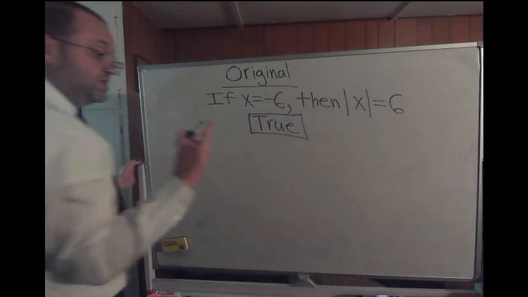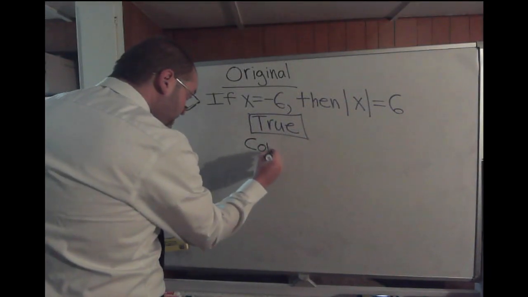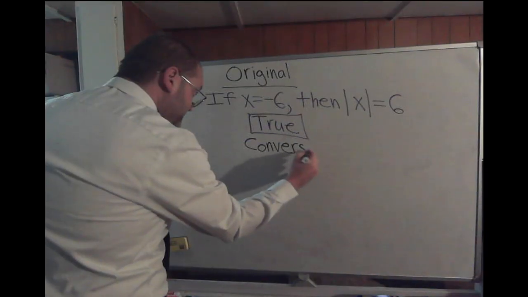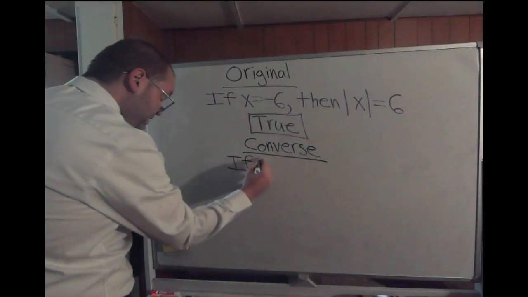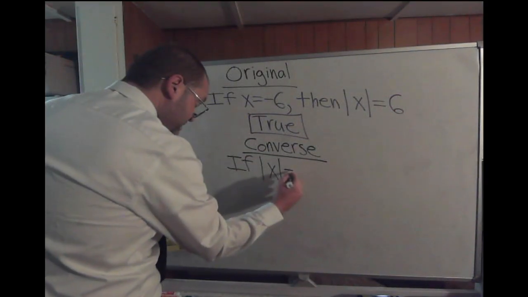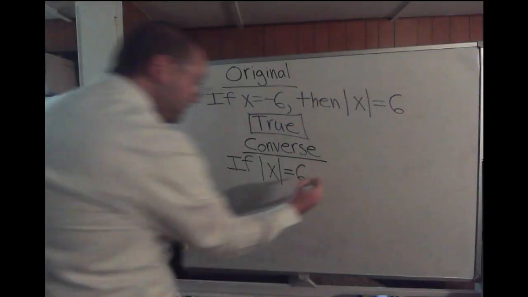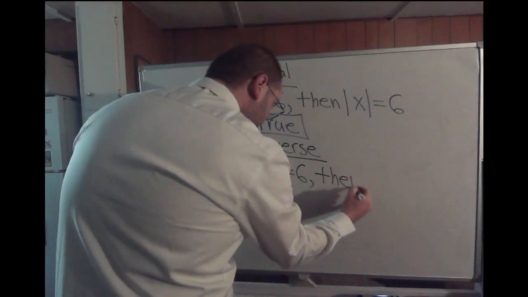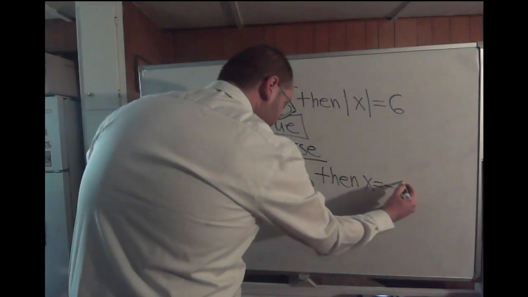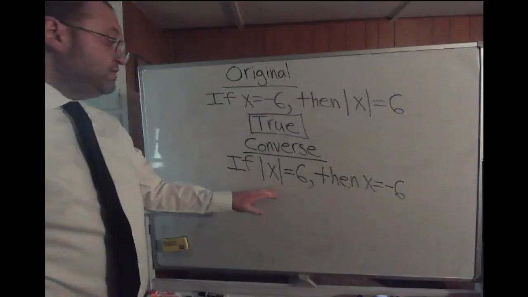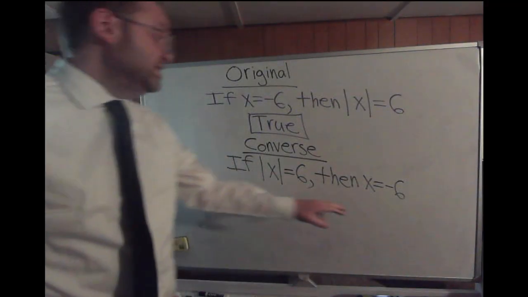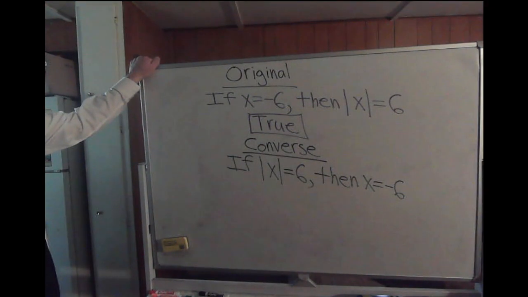Now, what about the converse of the original statement? The converse of the statement would be if the absolute value of x equals 6, then x equals -6. That's its converse. Well, we know from absolute value problems, when they're equal, you have two solutions.